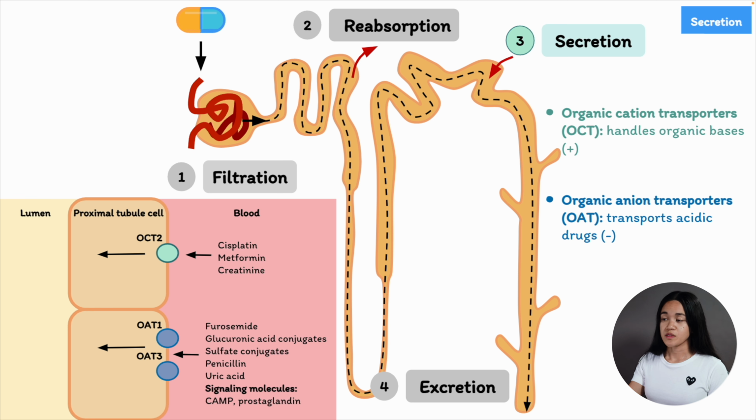Another connection between metabolism and renal excretion involves specific carriers that are important for secreting drugs into the tubules. These carriers also play a role in transporting metabolites into the kidney tubules. So this is particularly important for glucuronide and sulfate conjugates, okay? And so as you can see here, metabolism serves two purposes.